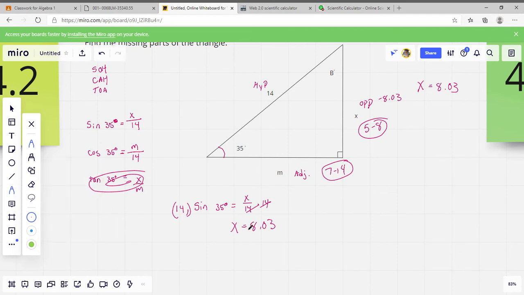All right, let's work on cosine. So cosine of 35 degrees equals m over 14. Okay, so I'm just going to multiply times 14 on both sides. Those cancel. So I need the cosine of 35 degrees times 14.